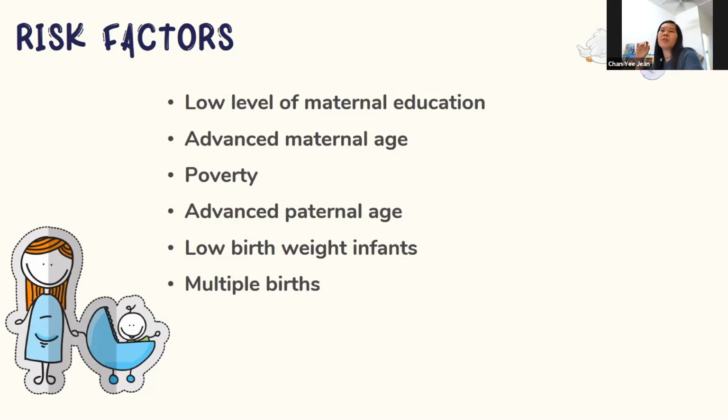Guys, wait. You know how risk factors and causes are two different things, right? When you have risk factors, it basically just means that if you have these factors, then the chance of getting a certain condition is higher.